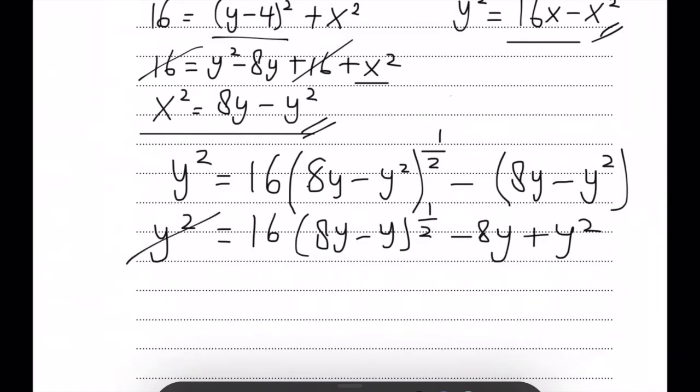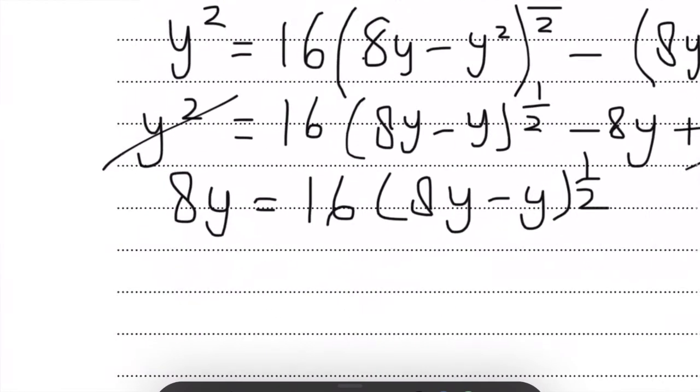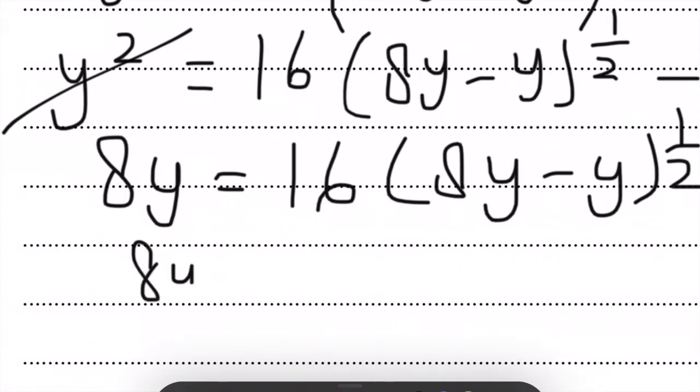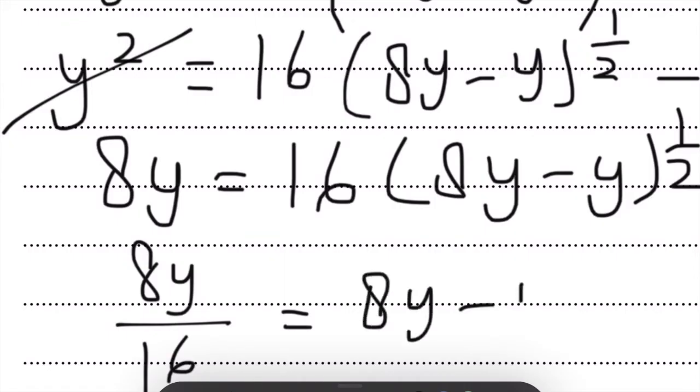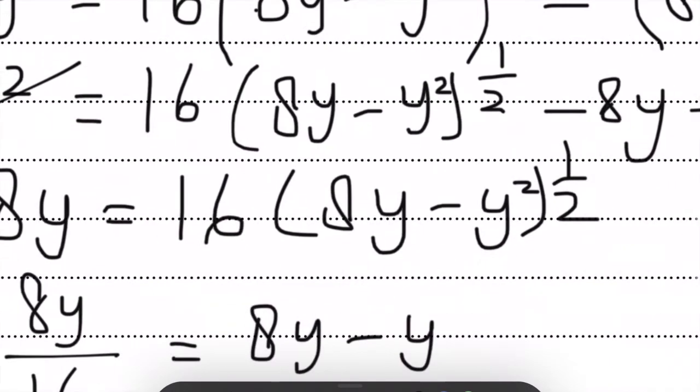We can go ahead and remove y squared from both sides. And we can add 8y to both sides. So 8y divided by 16 is equal to 8y minus y squared.